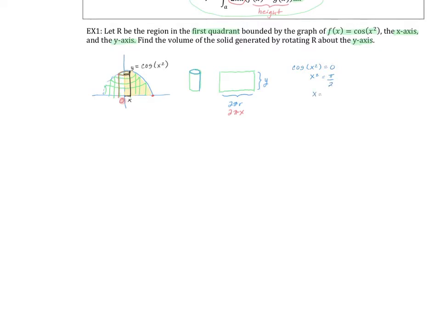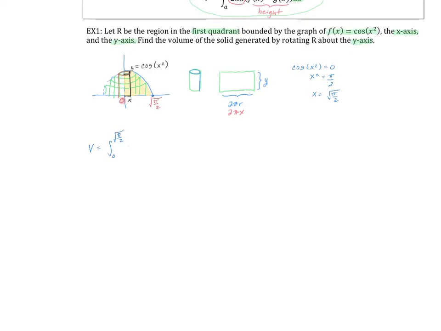So x is going to be the square root of pi over 2. And that would be this point here. The square root of pi over 2. So our volume by shells is going to be the integral from 0 to the square root of pi over 2.